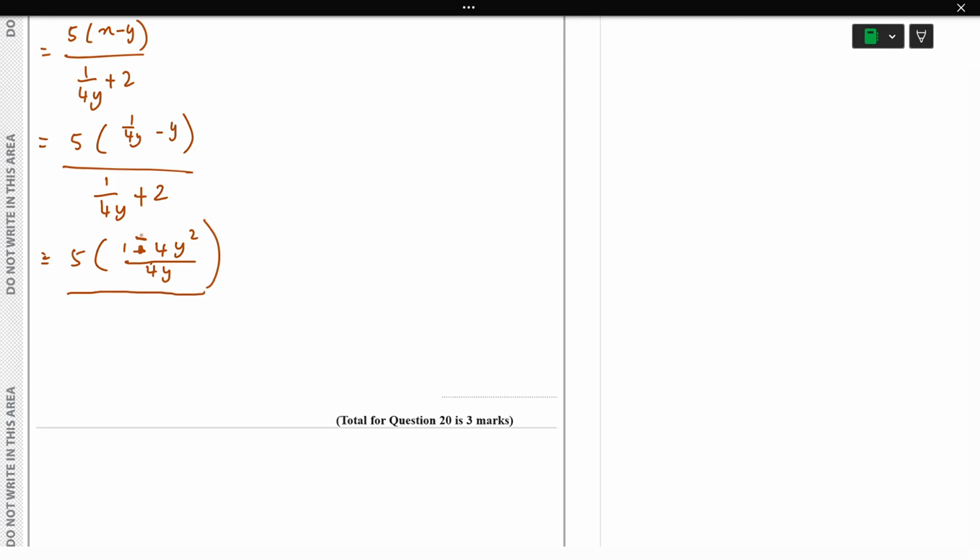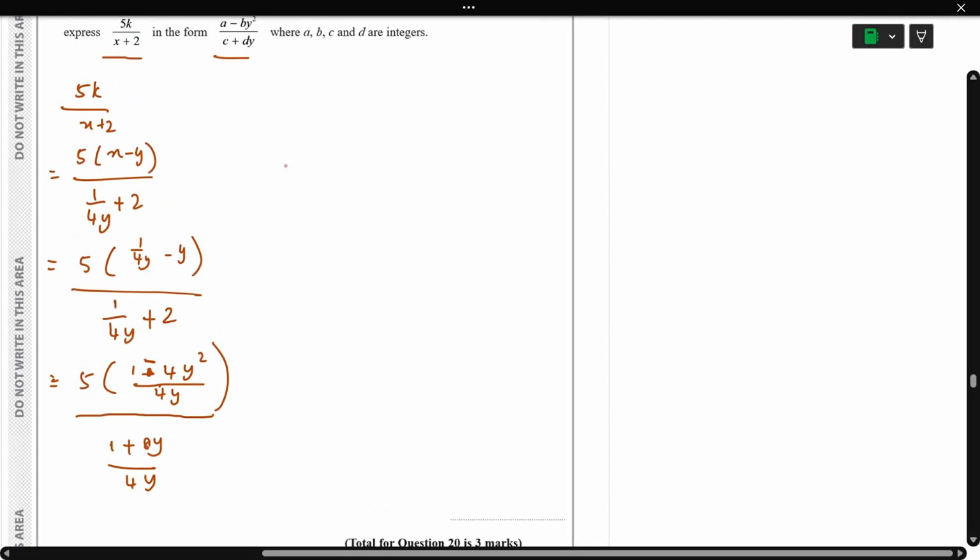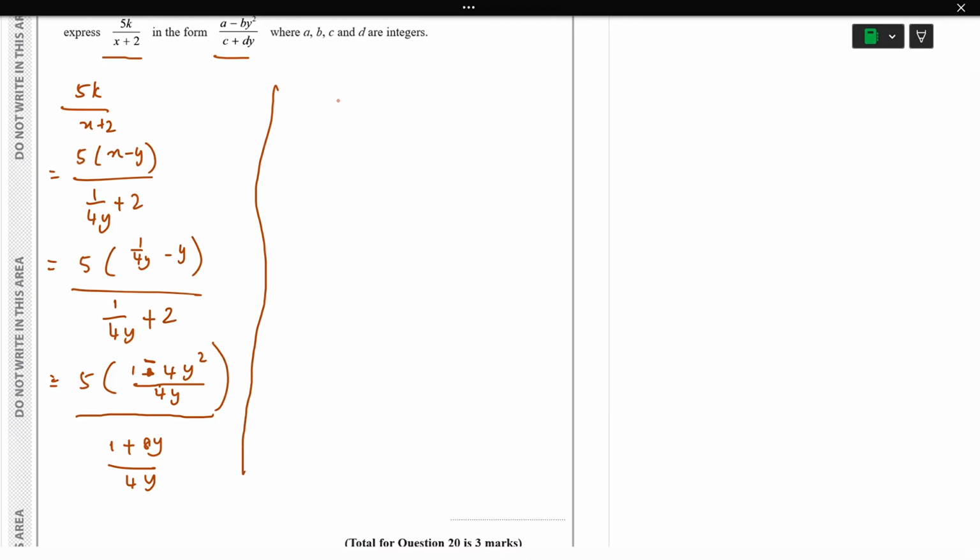Over here, down also, I'll take LCM, 1 plus 8y over 4y. I'll write here the numerator is going to be, when I multiply 5 inside, 5 minus 20y squared over 4y, the down 1 plus 8y over 4y.